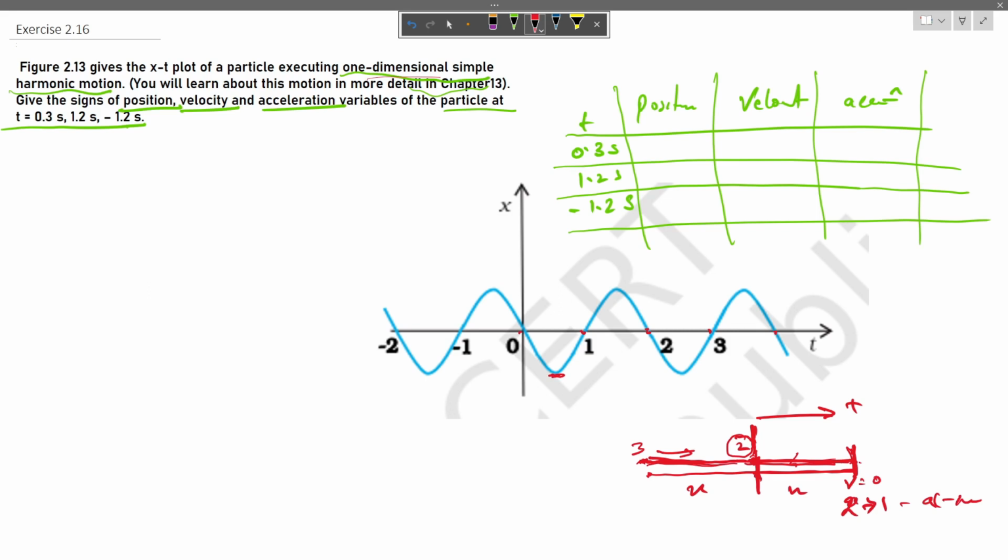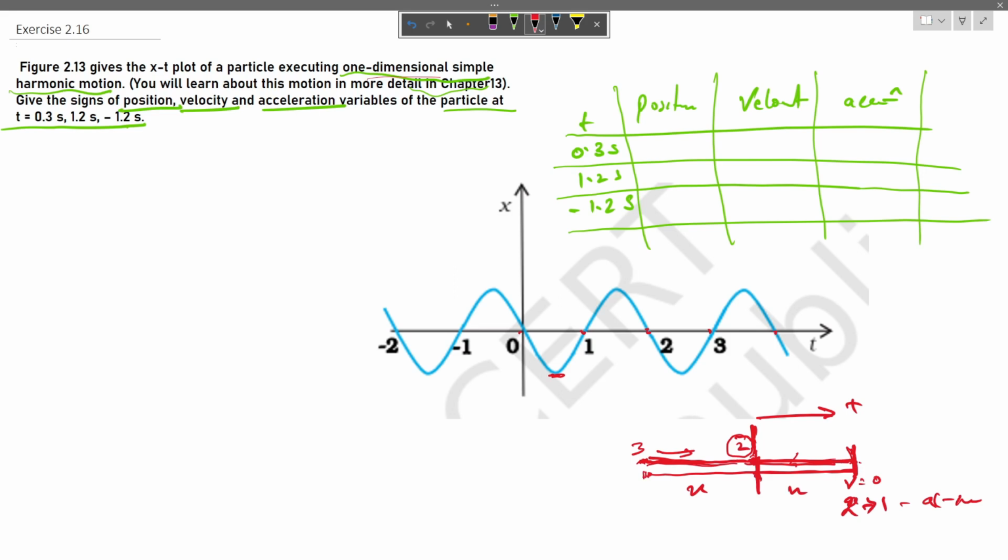When we consider this as the extreme point, the body was moving in the negative x direction, so its acceleration is going to be positive. This point may be represented by this third coordinate where x is negative.